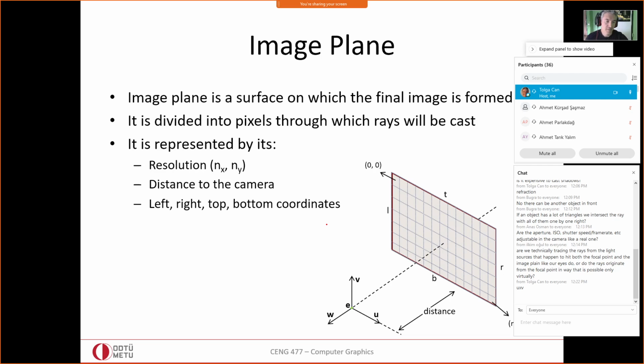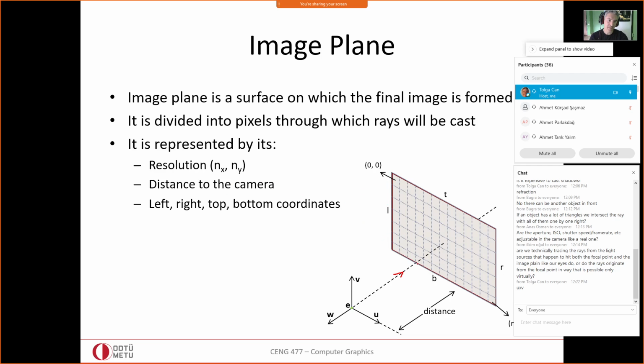Okay, now we are not done with the camera yet. The other thing that we are going to be talking about with respect to camera is this image in front of the camera. So if we are looking in this direction, this is our looking direction. If this is the image that is going to be formed in front of the focal point, we need, first of all, its resolution and its size.